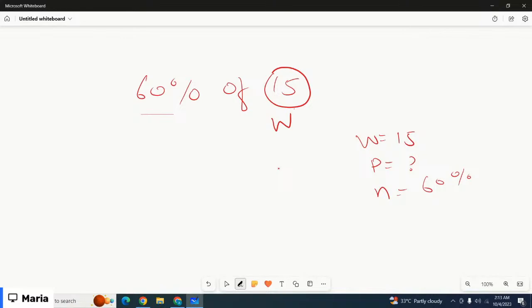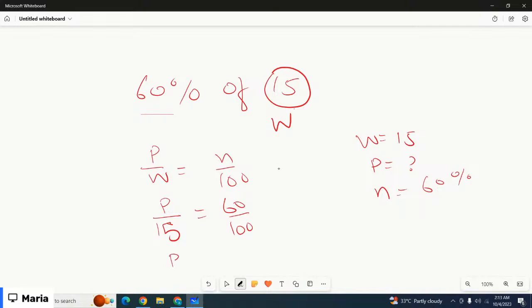So let's just form a proportion. The proportion is part divided by whole, and that equals n over 100, right? So part is, you have to calculate the part of 15. And how much part? 60%.